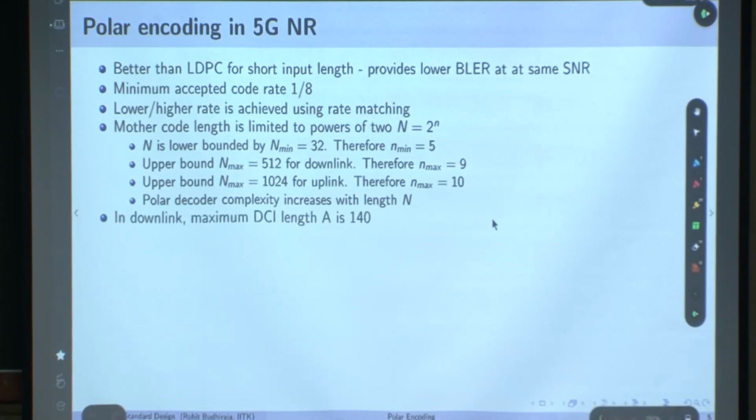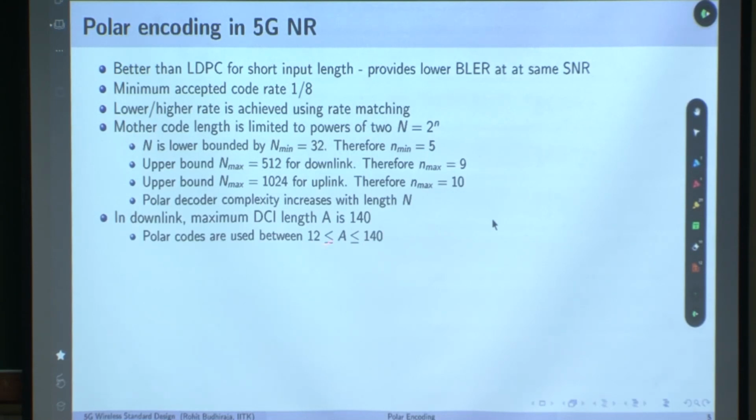Right? Now, another key aspect: the downlink maximum DCI length is 140. It can go from 1, 2, 3 also, so you should note this.